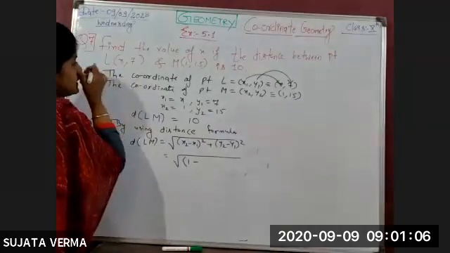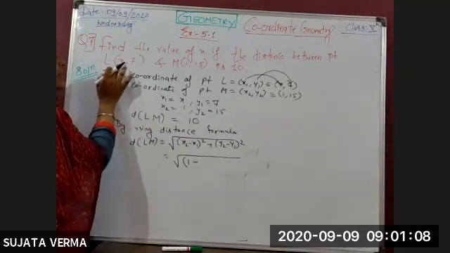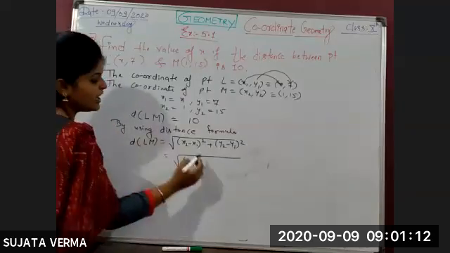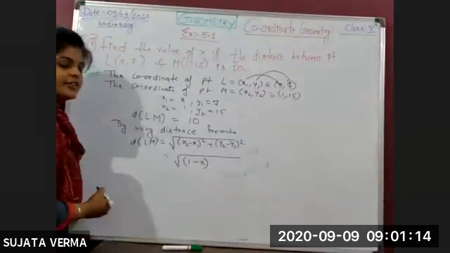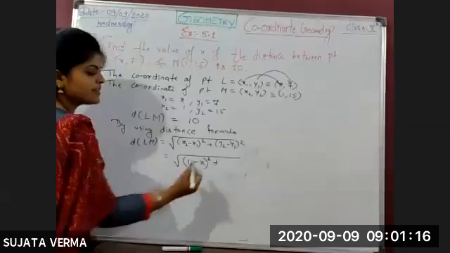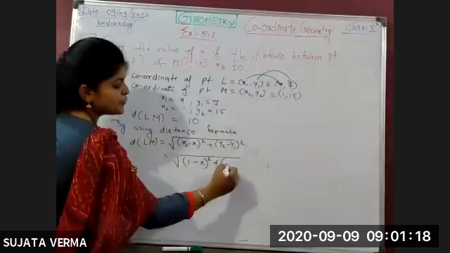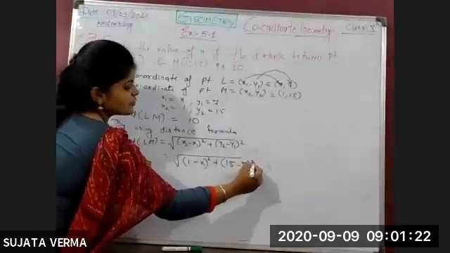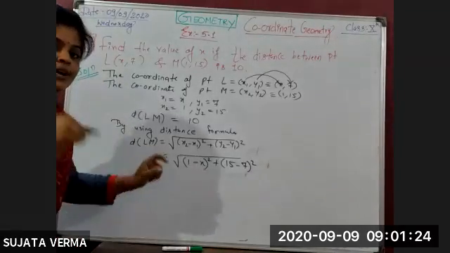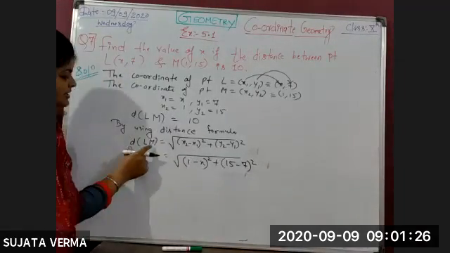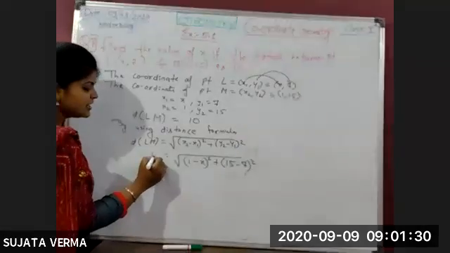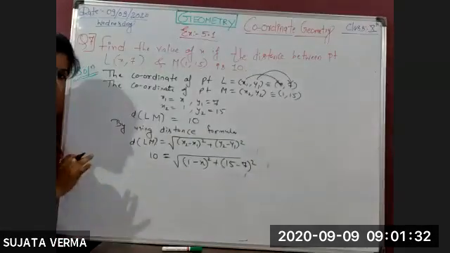The given coordinate L is (x, 7), so we have to find the value of x. So (1 minus x) whole square plus y2 is equal to 15 and y1 is equal to 7, square. Okay. But in this question, the distance LM is also given, so we write that it is equal to 10.